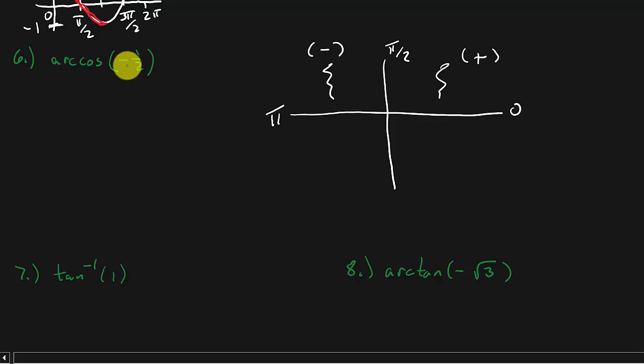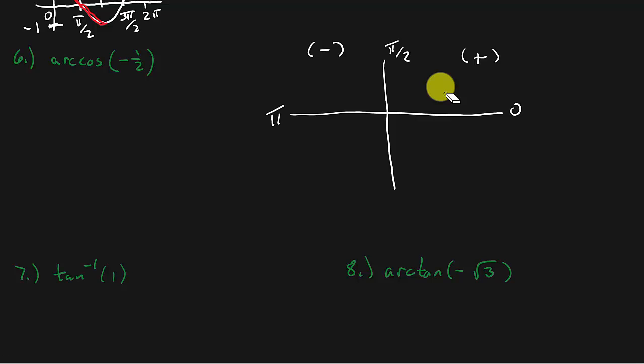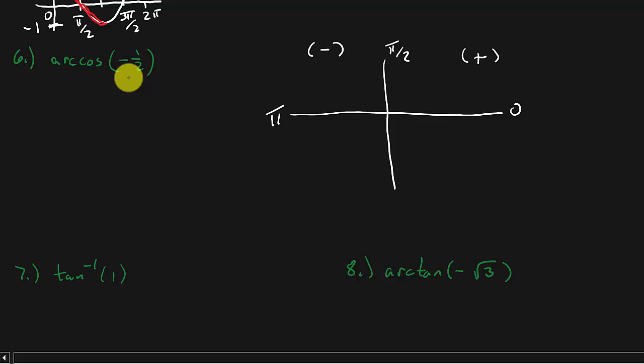So what I want to do is look at this and say, the cosine of what is 1/2? The cosine of 60 degrees, right? The cosine of 60 is 1/2, positive 1/2. But I do have a negative, so I know I'm over here in the second.